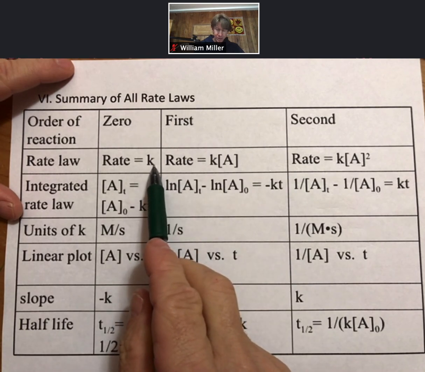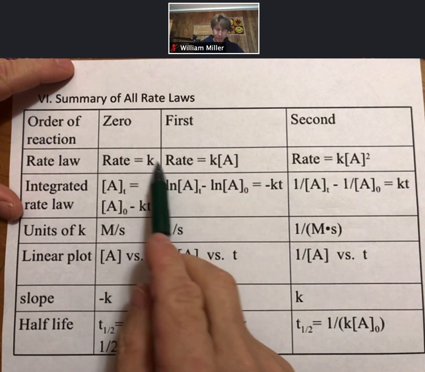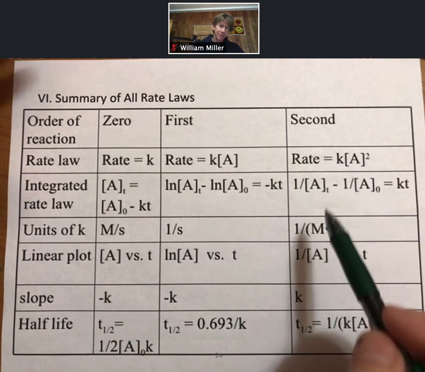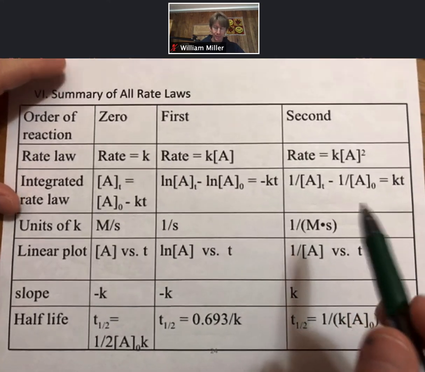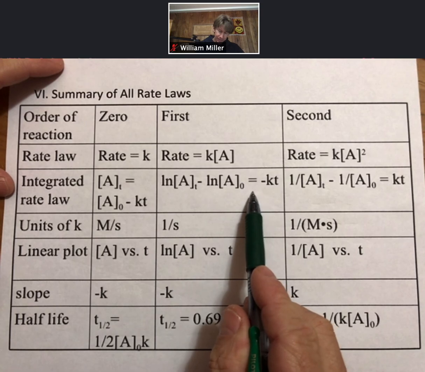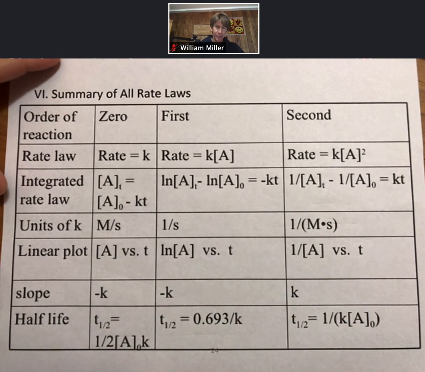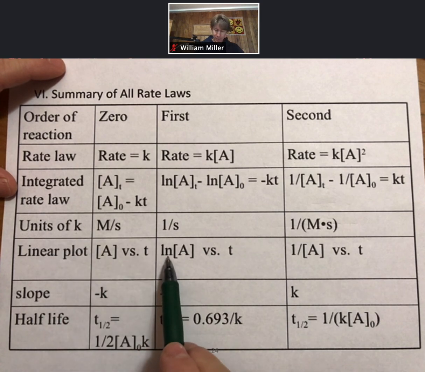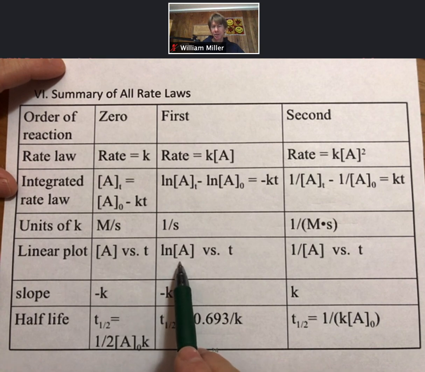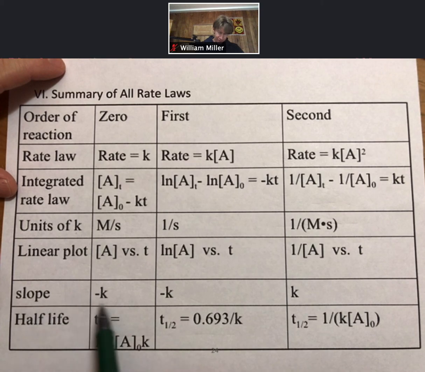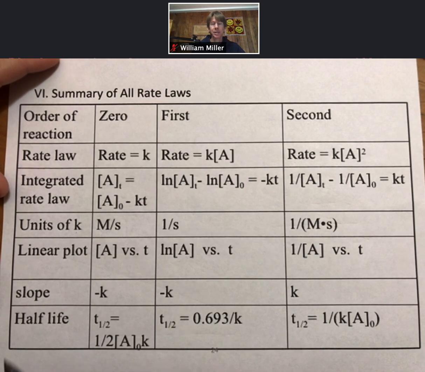The concentration is raised to the 0th here, so it goes away. That's 0th order. Here's second order, and these are the three main rate laws that we're going to look at in this course. Then we saw our integrated rate law, and we get those for all of these. We have units of our rate constant, and the linear plot, remember we said natural logarithm of the concentration of A versus time was linear, and our slope. Anyway, we're going to explore all of these and some of the examples that are coming up.